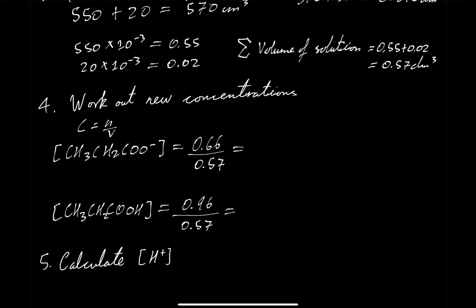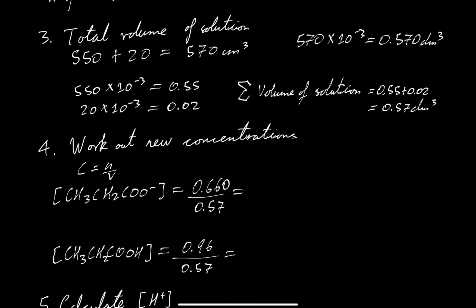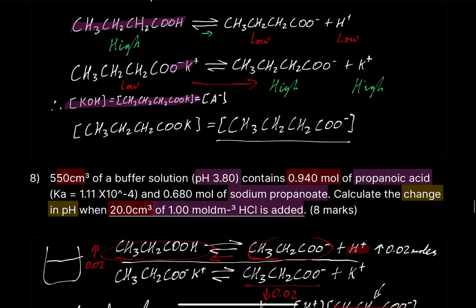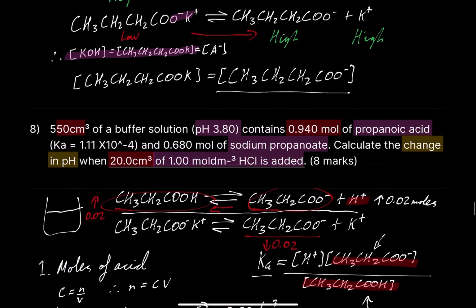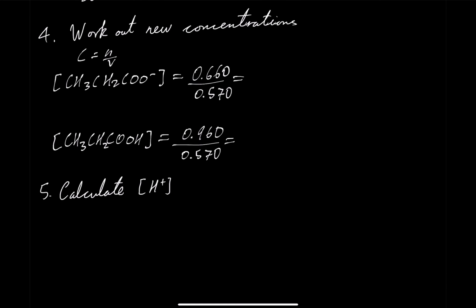Then I'll get my calculator here. I actually forgot to mention this is 0.660, three significant figures. The lowest number of significant figures in our question is three, as you can see in every example, so we use three significant figures there.